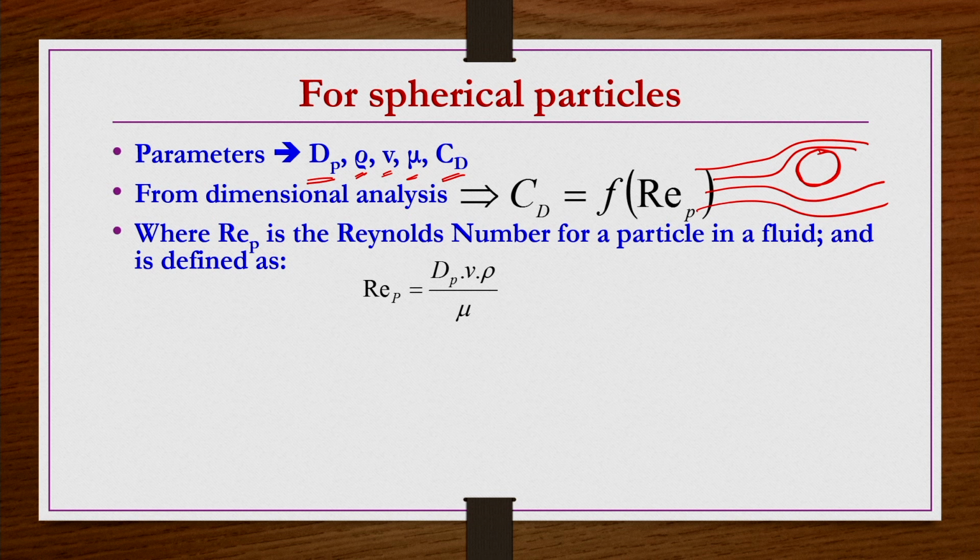This Reynolds number is a ratio of the inertial forces to the viscous forces. It indicates the degree of these contributions.